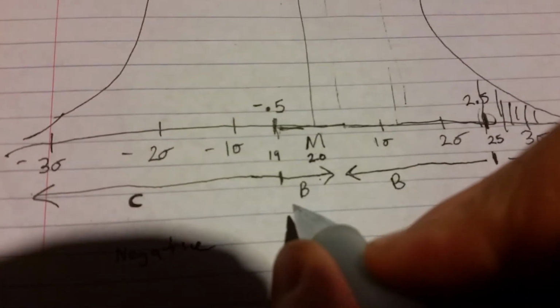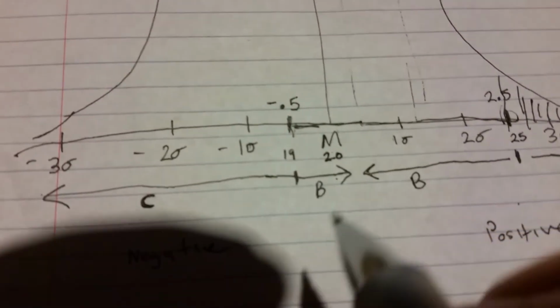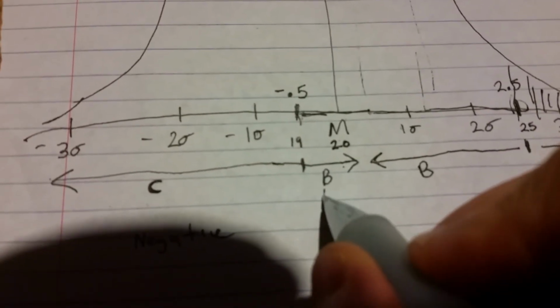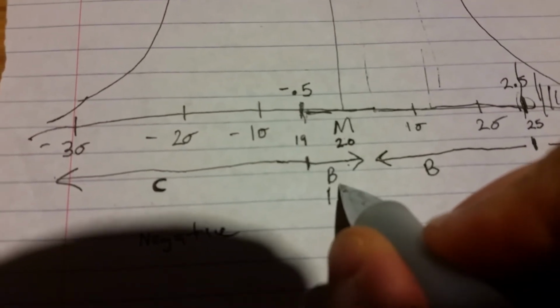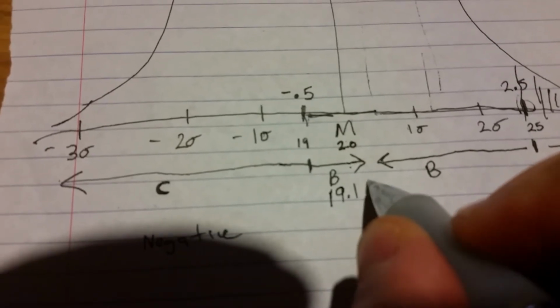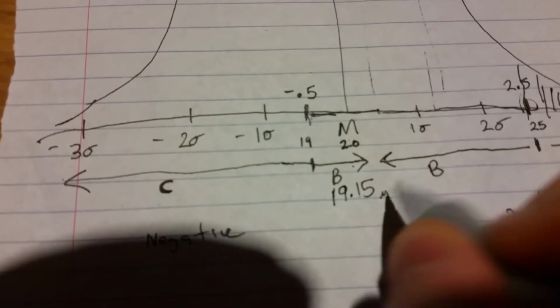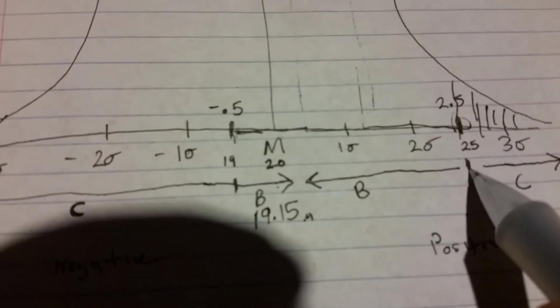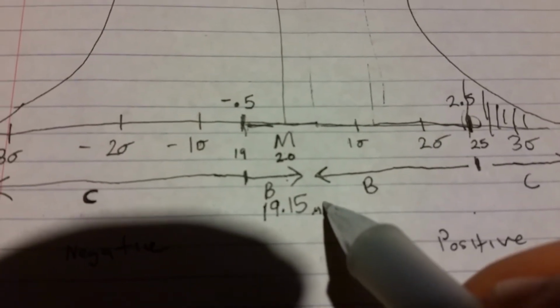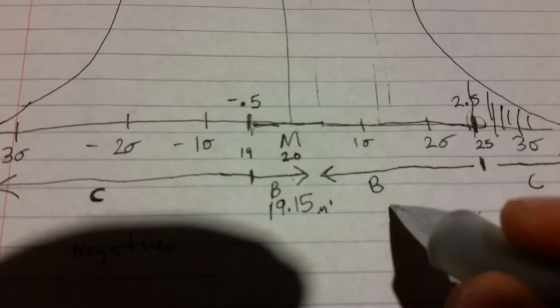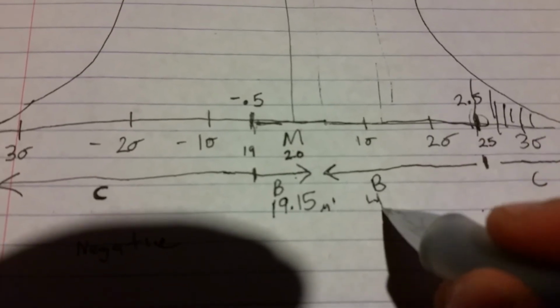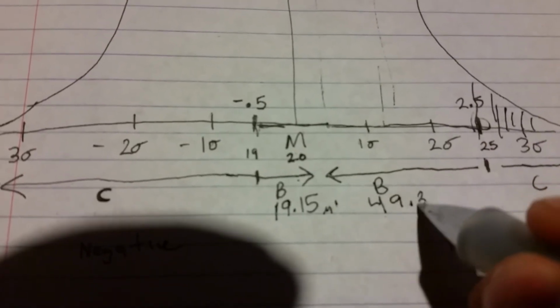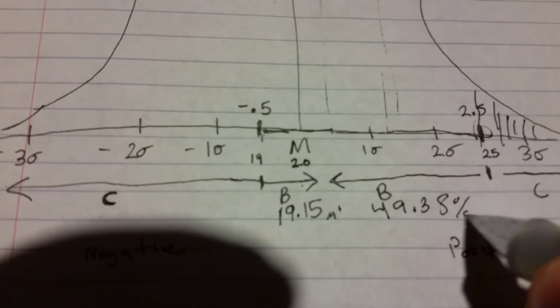So let's just visualize this. From negative 0.5, we have an area of 19.15, which we just located. This is the mean. And from the z-score of 2.5 to the mean, we have, which we just looked up, 49.38%.